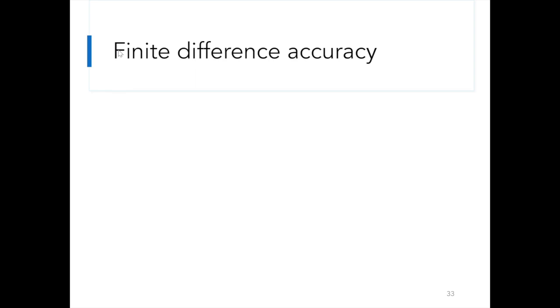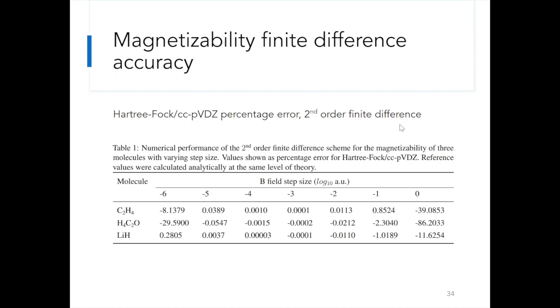Right. So now let's look at the finite difference accuracy of these methods, which is a quick concern anytime you're doing finite difference calculations. First, we benchmarked Hartree-Fock magnetizabilities with double zeta basis functions. Because we're doing second order finite difference, you get increased numerical error when you make the step size smaller.